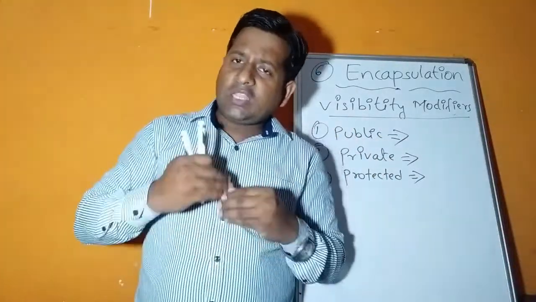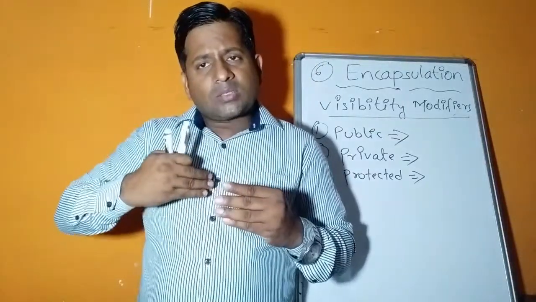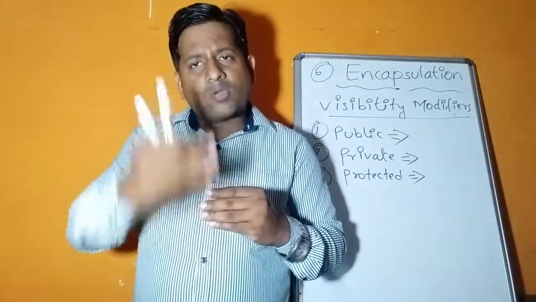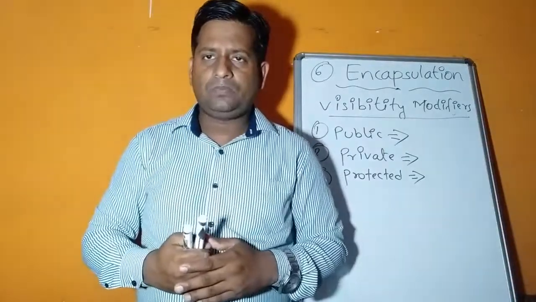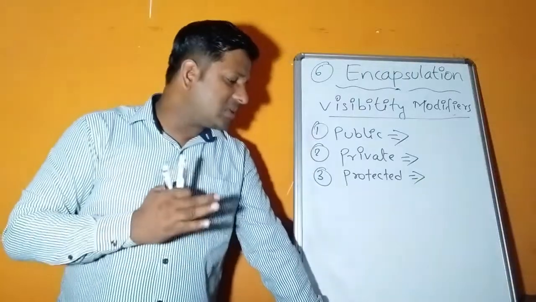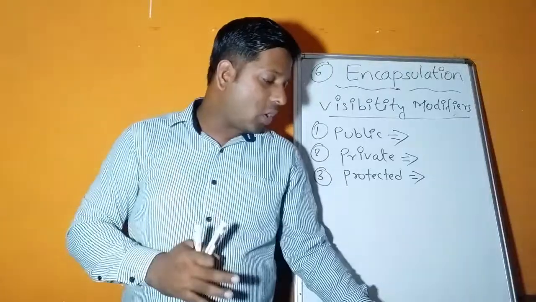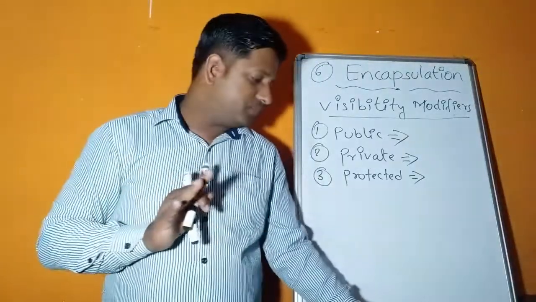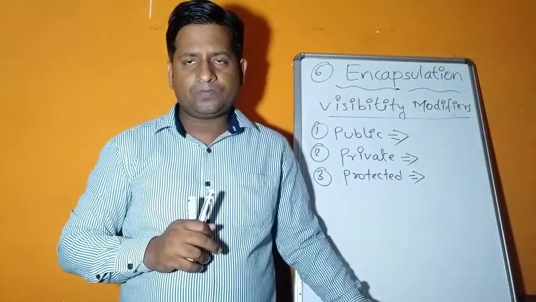In short, you can say it is accessible once. From one class, the properties or the members are accessible to another class, but once they reach the other class, they become private and can't be accessed further. So in technical definition, we say the member is accessible by any subclass or other class in the same package or a different package also. This is protected.